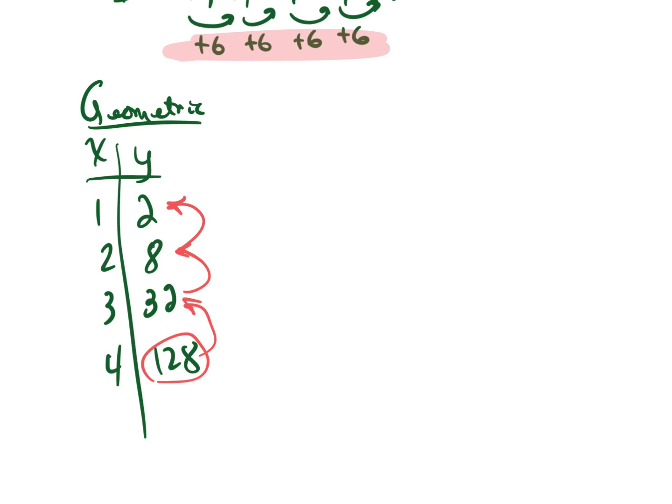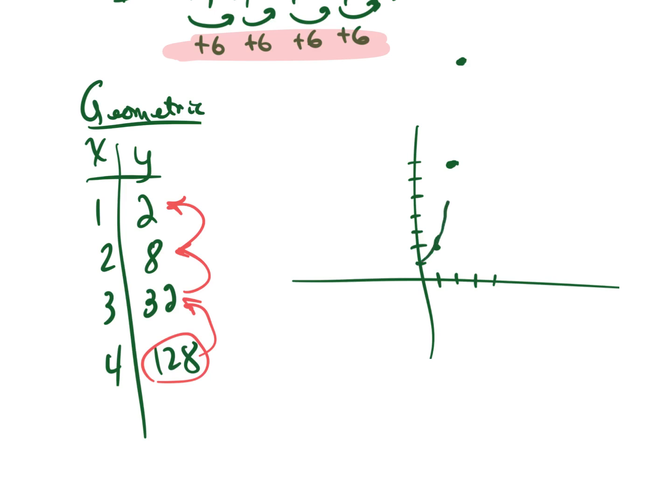So therefore, it's geometric. But the reason I bring this up is so that if we were to graph this, 1, 2, 2, 8, 3, and 32, of course, goes off my picture, but I think you'll get the feel for this, and 4 and 128. You're going to see that the type of graph we get is the one that we've been working with this whole chapter.